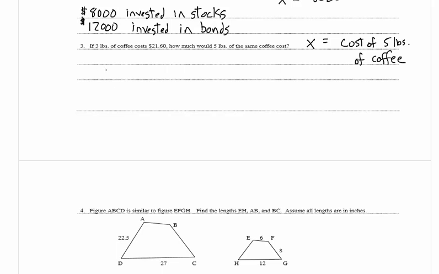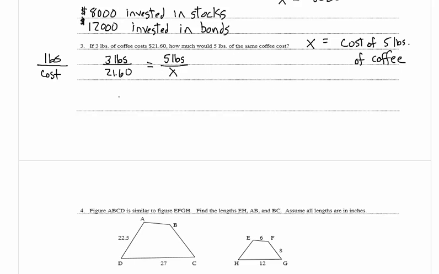And now we're going to have pounds in the numerator and cost in the denominator. So I can say that 3 pounds cost $21.60, and that's equal to 5 pounds divided by X, the amount that 5 pounds of coffee would cost.